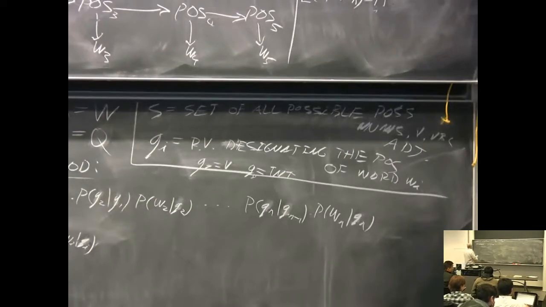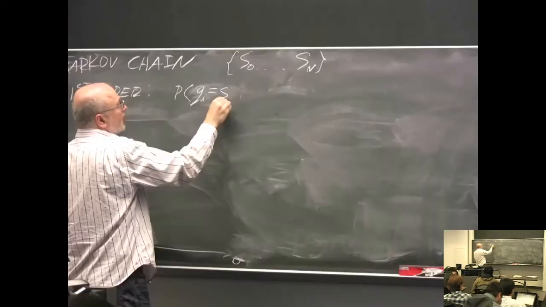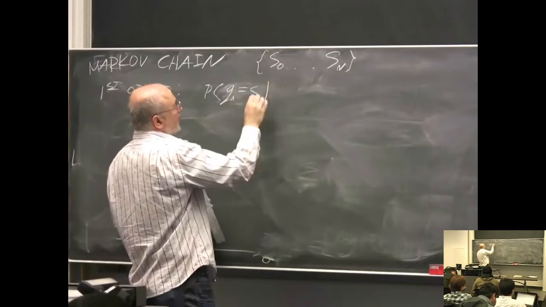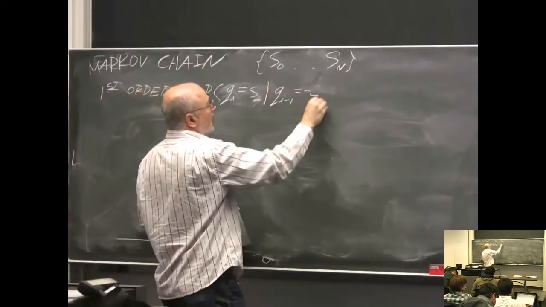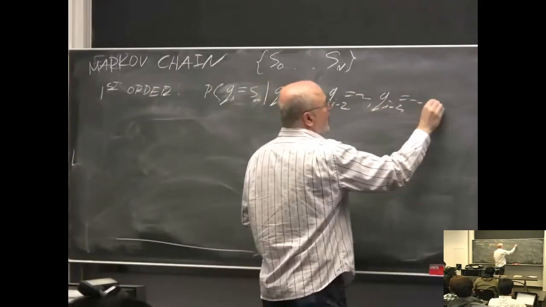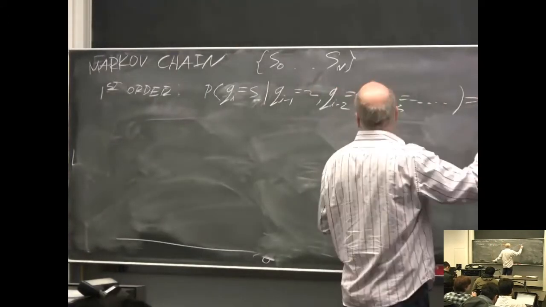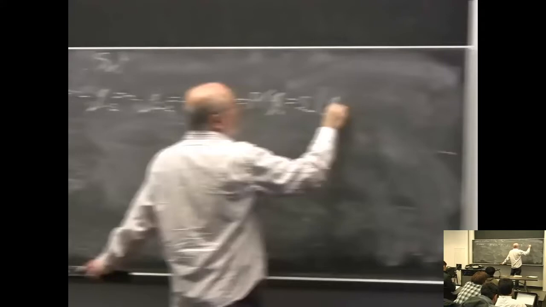Okay, so now I'm in a position to define what a first order Markov chain is. A first order Markov chain is one that says that the probability that Q sub I equals some S sub J, conditioned on Q sub I minus 1 equals something, and Q sub I minus 2 equals something, and Q sub I minus 3 equals something, etc., is the same as the probability of Q sub I equals that S given Q sub I minus 1 equals the same something.